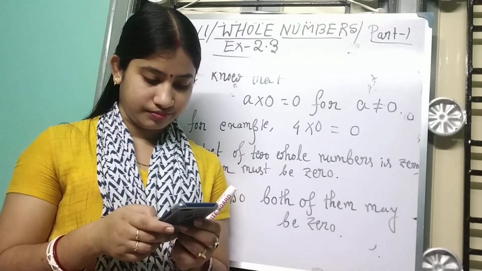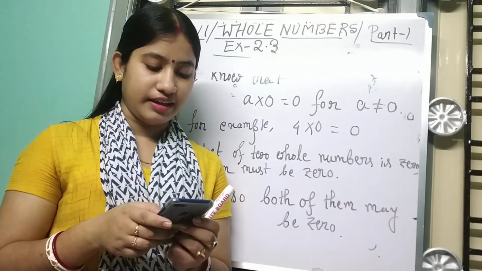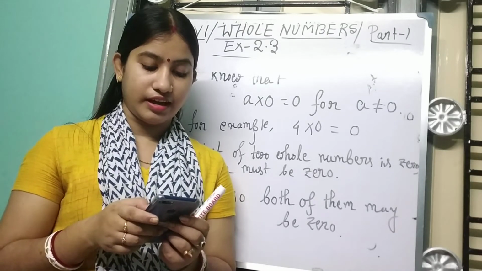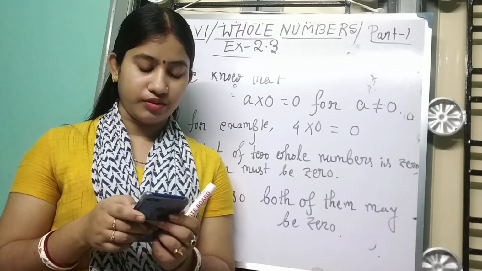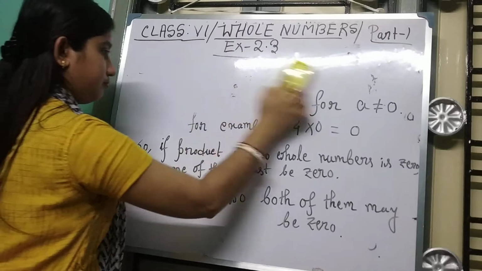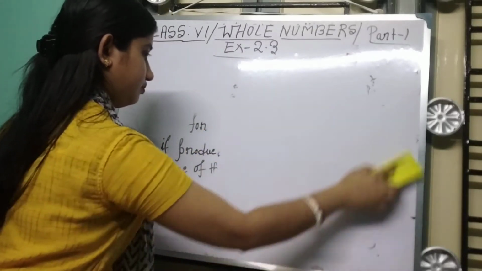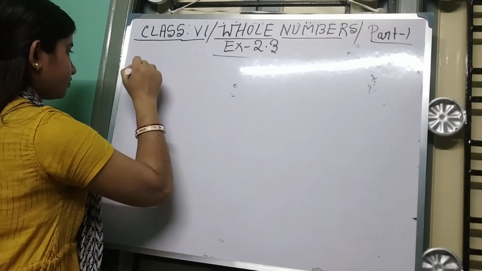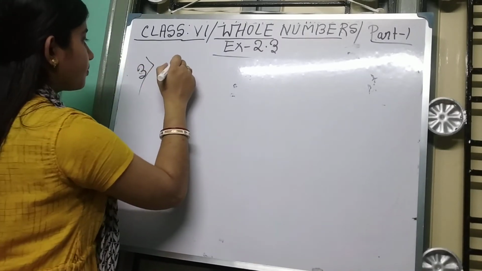Next, number 3. If the product of two whole numbers is 1, can we say that one or both of them will be 1? Number 3.